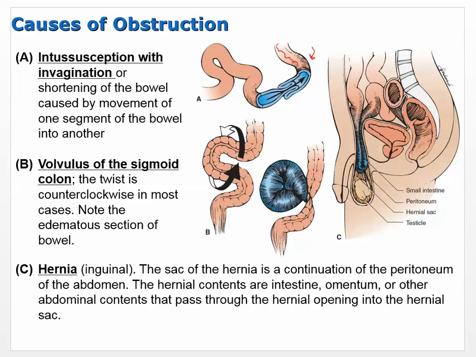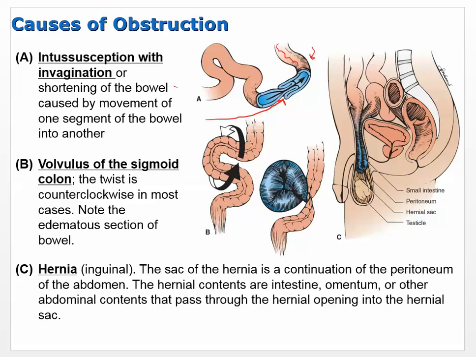And that's going to cause an obstruction. It's going to cause shortening of that bowel, because now it's invaginated, which means taking it in through an opening, and so caused by movement of one segment of the bowel into the other. So that's intussusception.